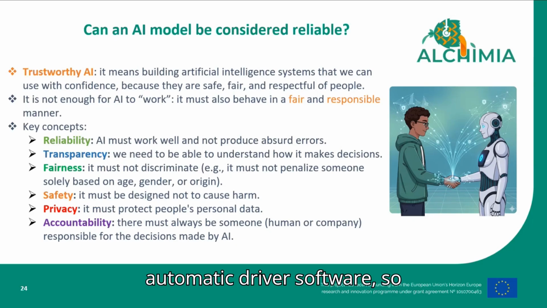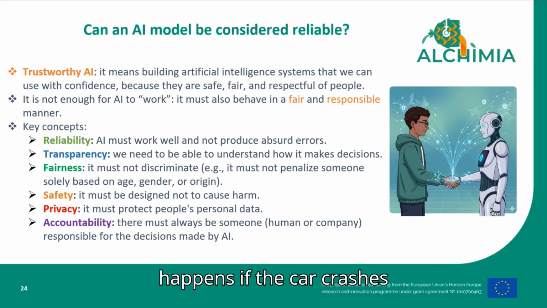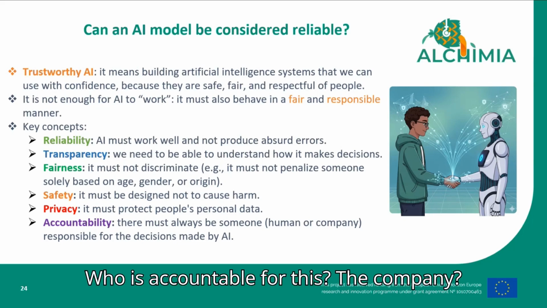automatic driving software, so we can stay relaxed in our car, see the environment, see the trees and the beauty outside the car. But what happens if the car crashes into a wall or into another car? Who is accountable for this?